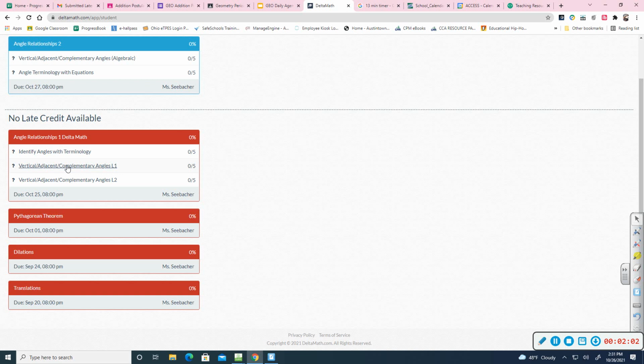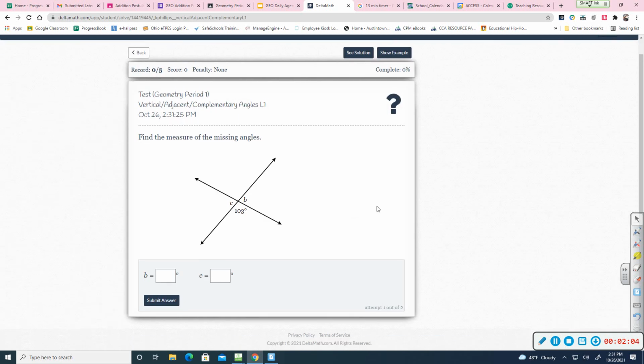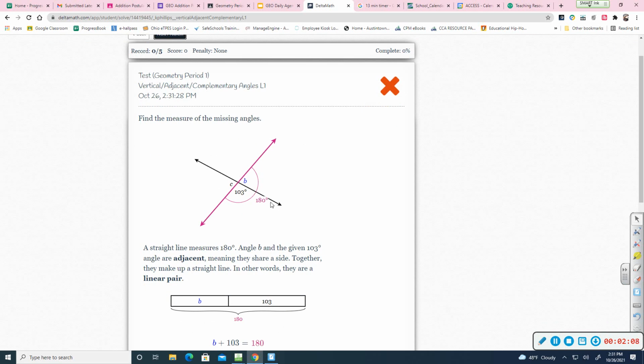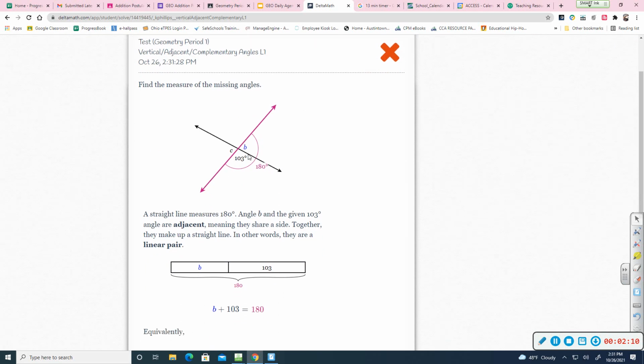Then if we look at the next part, so here now you have to actually find the measure of the missing angle. So here you know that angle B and this 103 degree angle are a linear pair. They form a line, which is highlighted here in purple. A line is 180 degrees.